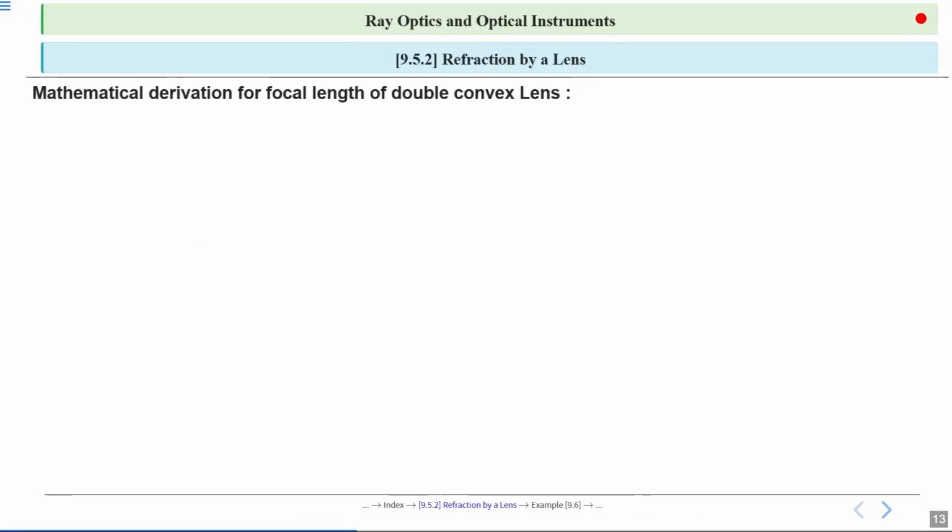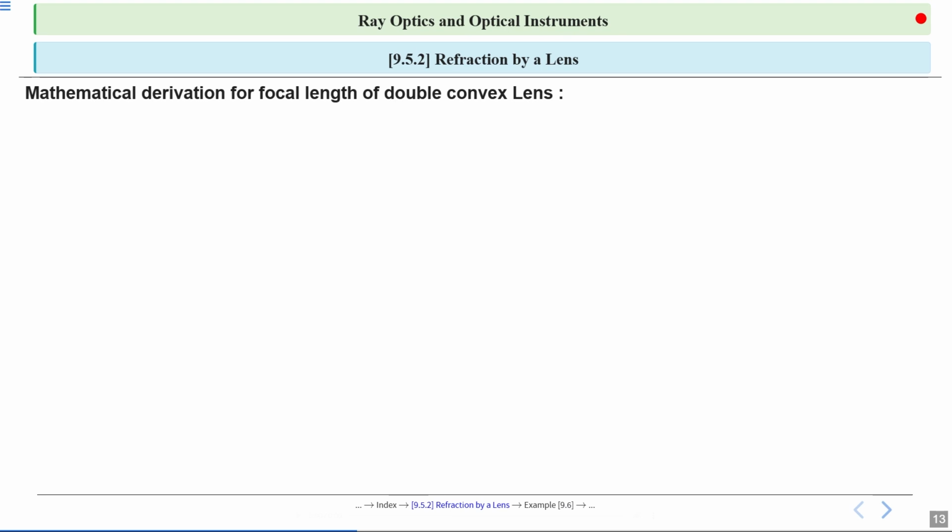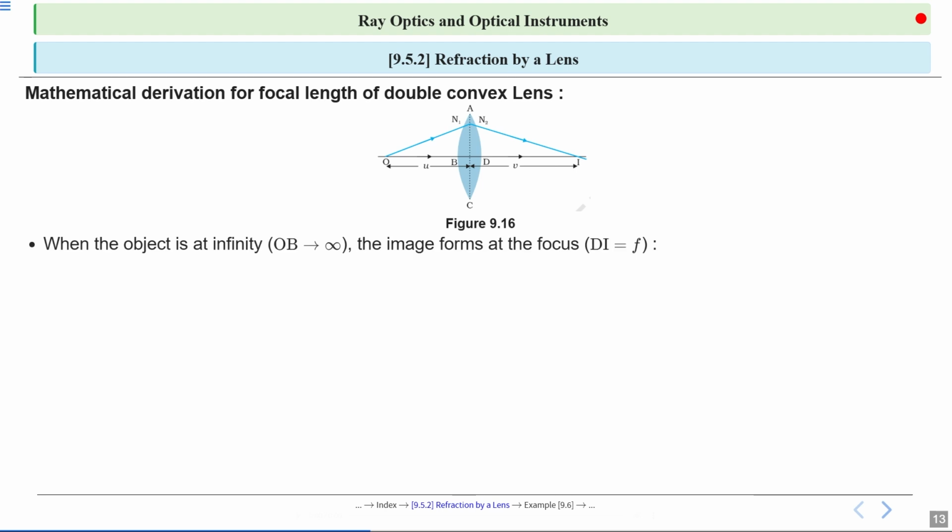What condition will we see? When the object is at infinity, that means OB approaches infinity. So N1 upon OB becomes N1 upon infinity, and 1 upon infinity is 0, so that term becomes 0. If the object is at infinity, the image will be formed at the focus.